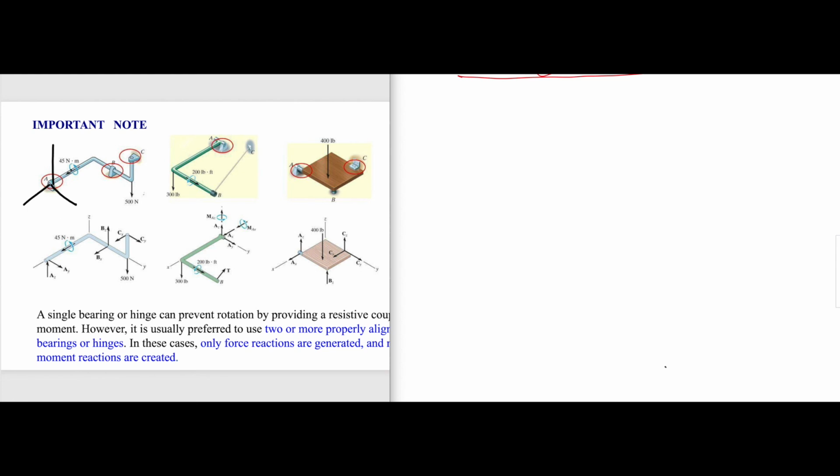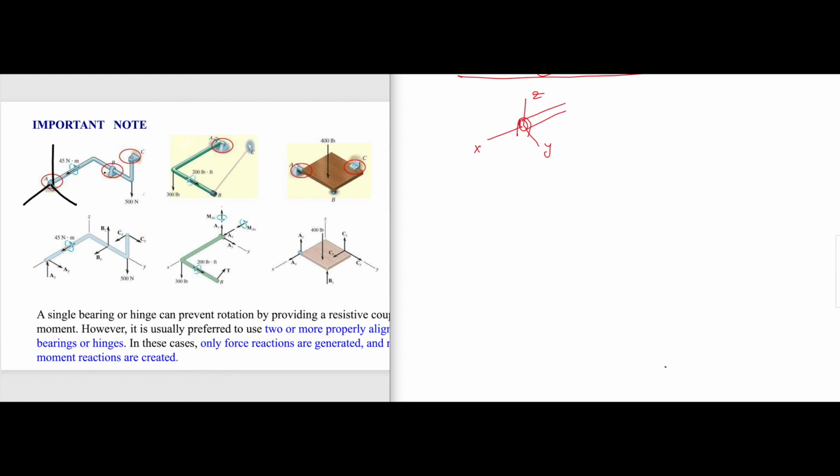Now tell me, this part of the rod, this is a twisted or a bent rod, what happens to the support at A? Like I said, I represented the x-axis, the y-axis, and the z-axis.